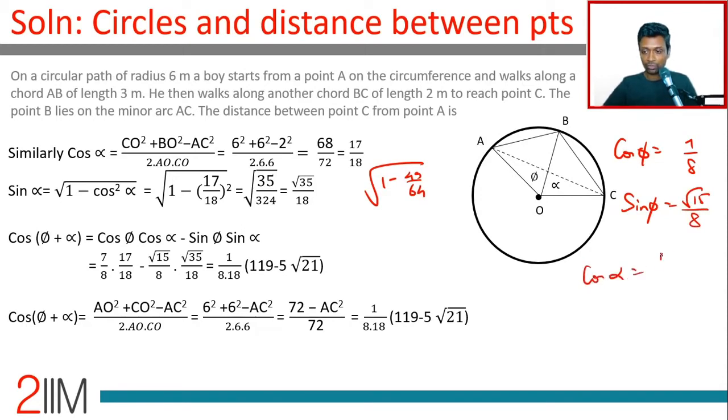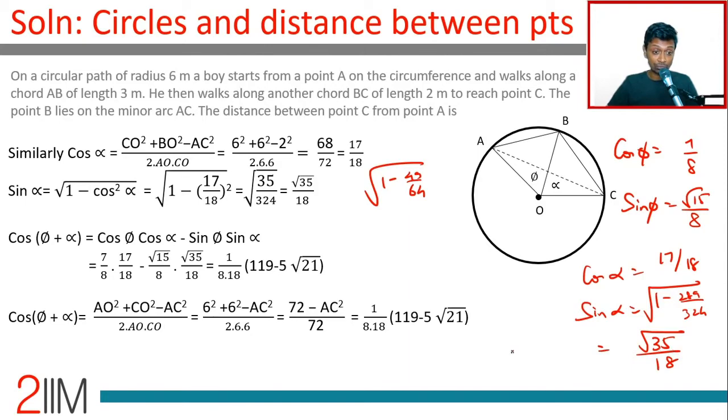Cos alpha is 17 by 18. Sin alpha is square root of 1 minus 289 by 324. This is square root of 324 minus 289, which is 35, by 18. Square root of 324 is 18. So we have got cos phi, sin phi, cos alpha, sin alpha. Cos of phi plus alpha.